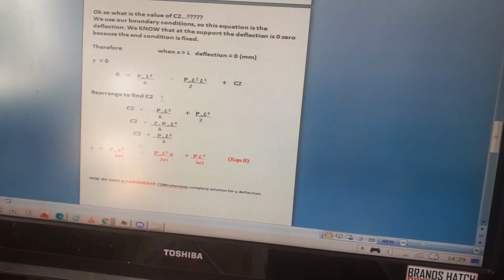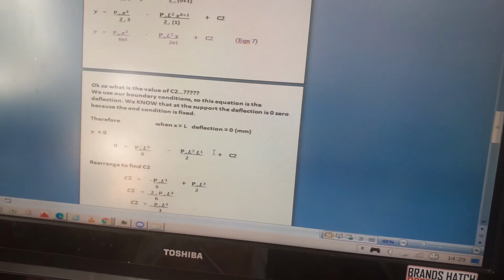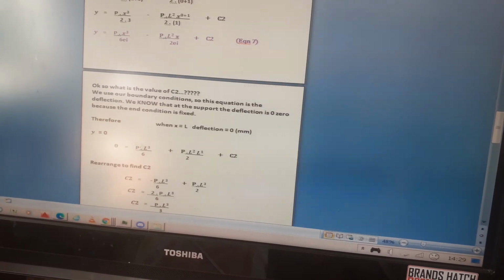Sorry, yeah, plus a half. C2 equals, hold on. If you take these two to the other side, that's plus, sorry. That's where I've done it wrong.